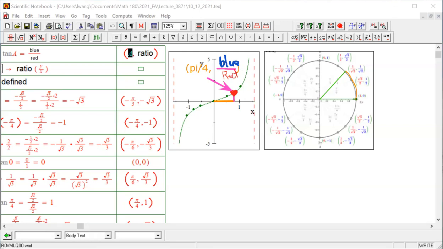Then of course that ratio is 1. Do you guys follow me? The arc length is still used, but instead of sine ratio or cosine ratio, this time it is the tangent ratio. That's blue divided by red, y divided by x. Got it?